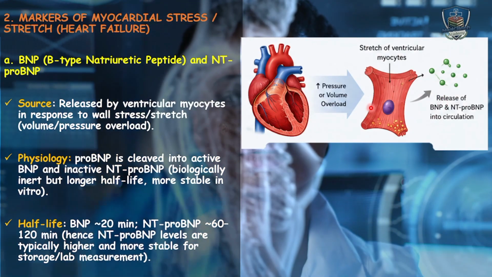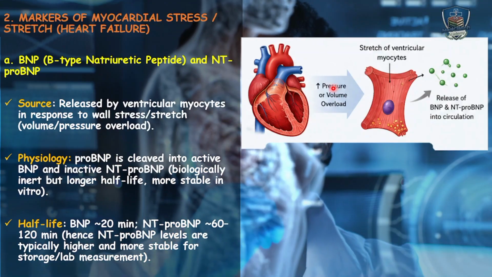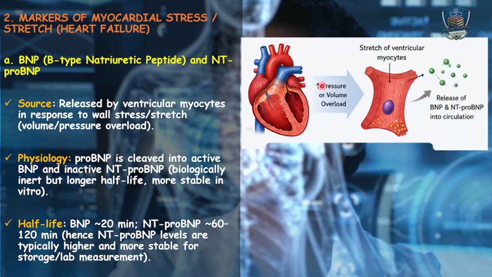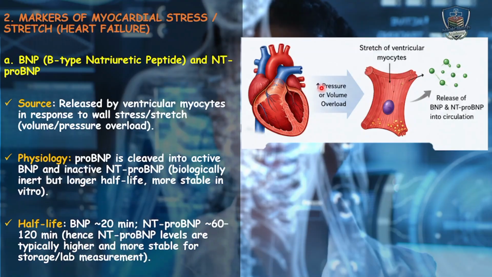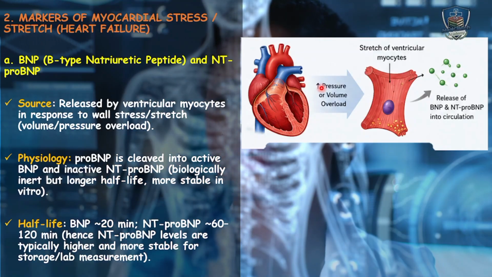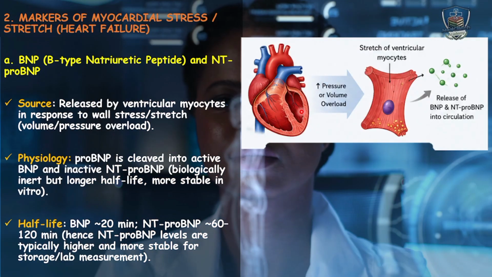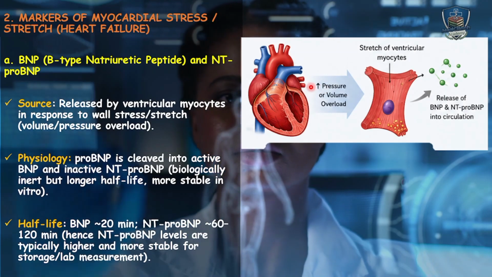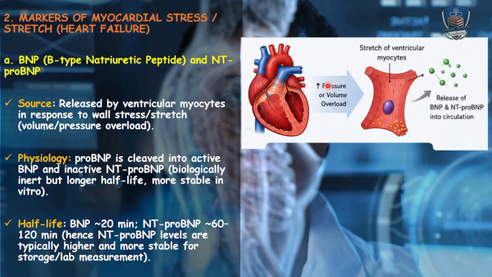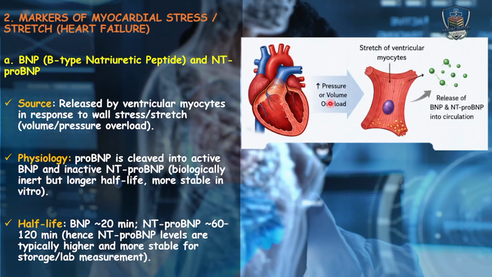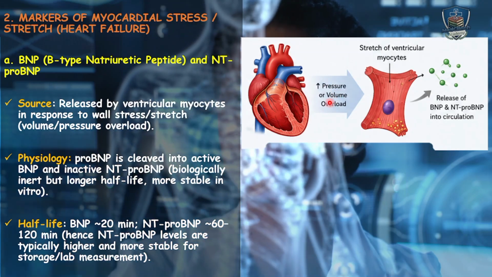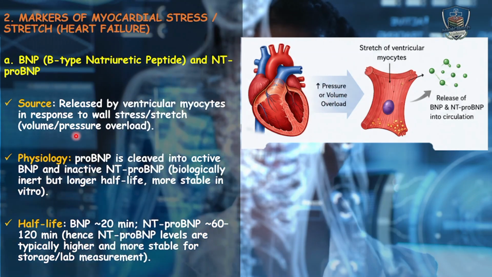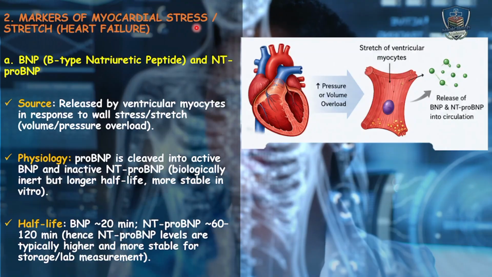This may happen in volume overload or in pressure overload. Pressure overload may occur when there's an increase in the afterload. Afterload is the pressure that the left ventricle has to overcome in order to pump blood to the body. So an increased afterload leads to a pressure overload, whereas an increased preload leads to a volume overload. That's something you have to note, and these two tend to happen in heart failure.